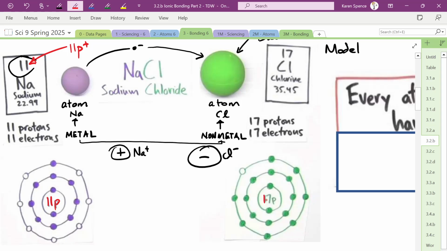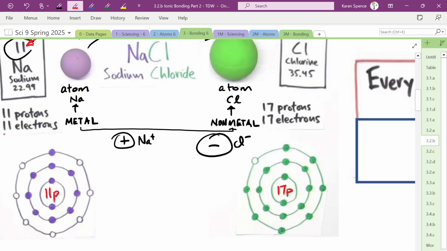Chlorine, on the other hand, has 17 protons. And if you were to count up all the electrons in sodium, you would notice that it also has 11, which gives it overall a 0 net charge. Chlorine, 17 protons and 17 electrons, has a 0 net charge.